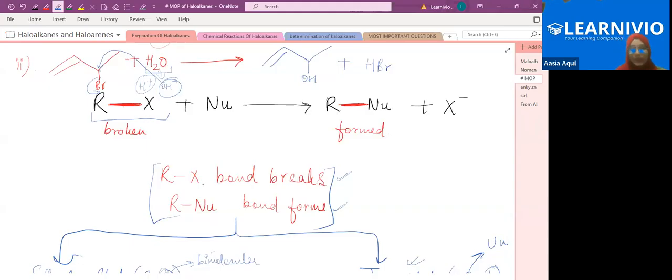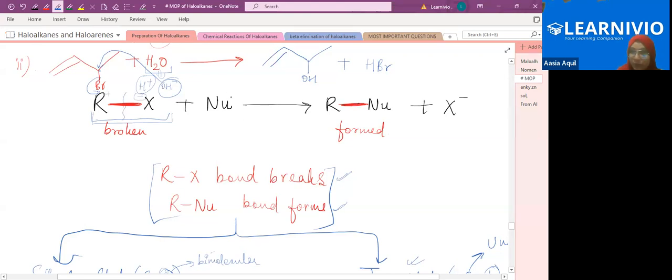So first you can see over here, this is the R-X bond. This bond is breaking. When the R-X bond breaks, obviously this has an alkyl group, meaning a carbon chain, right? So when this bond breaks, the halogen will get a negative charge and the alkyl group will get a positive charge, right?